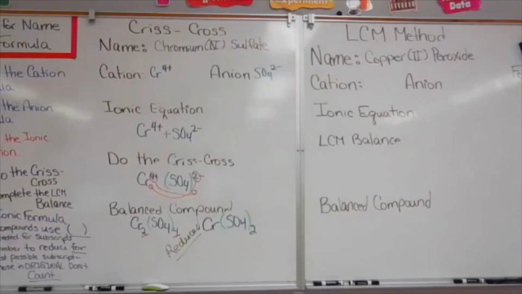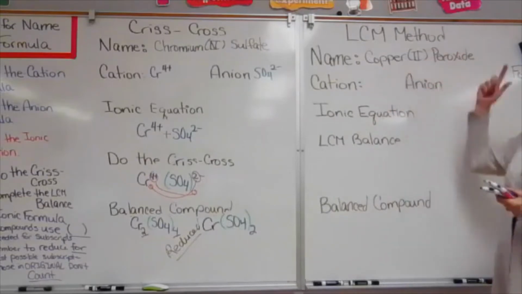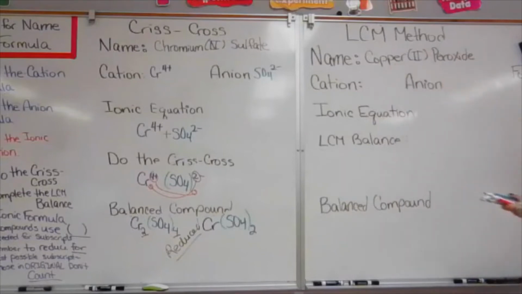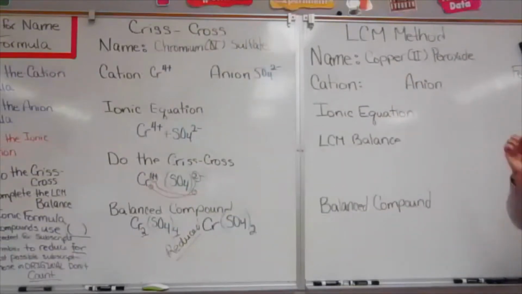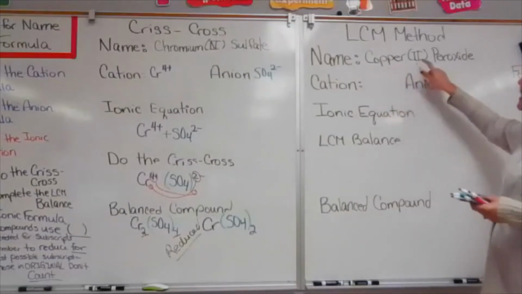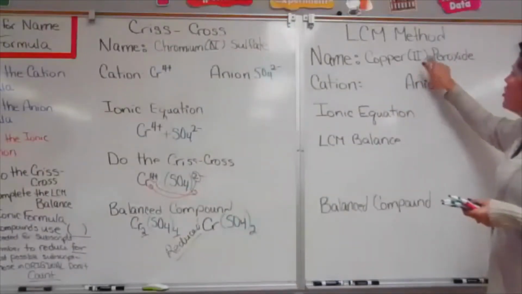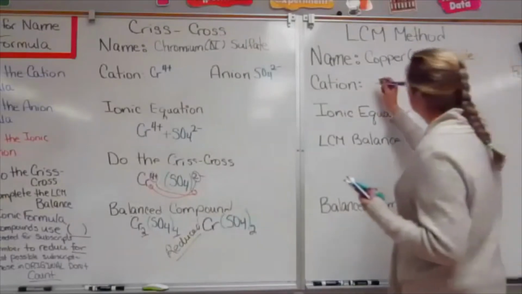We can know that copper 2 is our cation because it's written first, and your cation is always written first. Also, if you look up copper on the periodic table, you'll see that it's in the transition metals. And transition metals are metals, and metals are always cations. Additionally, because it is a transition metal, you had to be given the charge in Roman numerals, which you were given there. So we can write the cation as Cu2 plus.